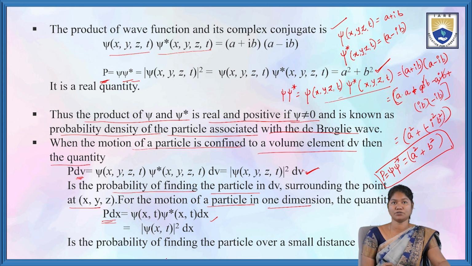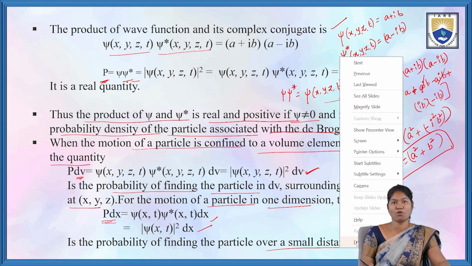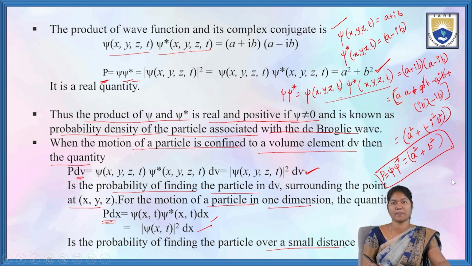So it is equal to modulus ψ(x, t) squared dx. It is the probability of finding the particle over a small distance dx.